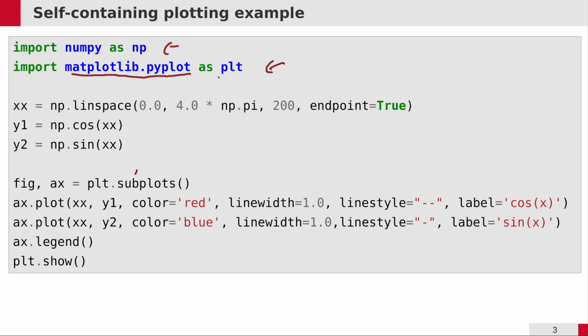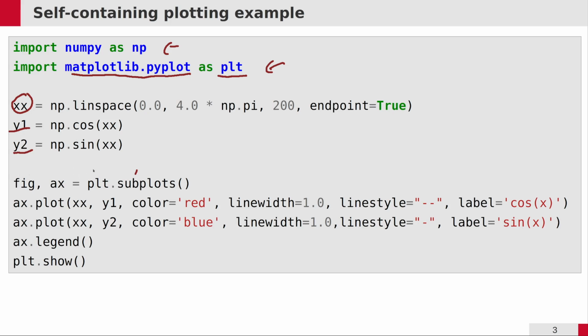In order not to have to type too much, I was abbreviating it as plt. Then we were generating the data. x, these are the points on the x-axis, and I was using the linspace method of NumPy, which you might know, which just generates equidistant grids of points, and from those points I was calculating the cosine and the sine function, which I stored into the y1 and y2 variables.